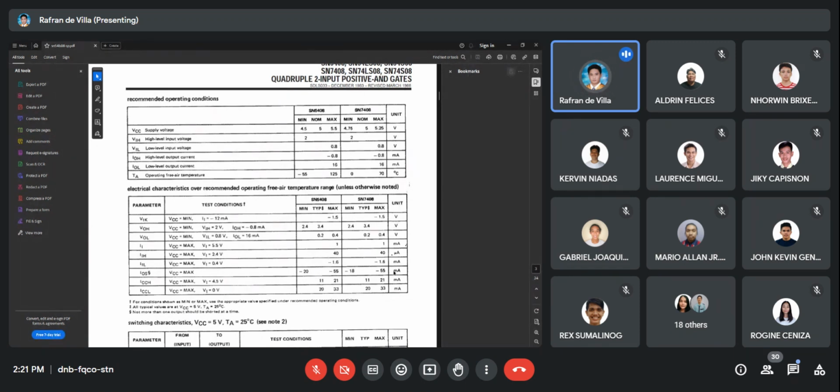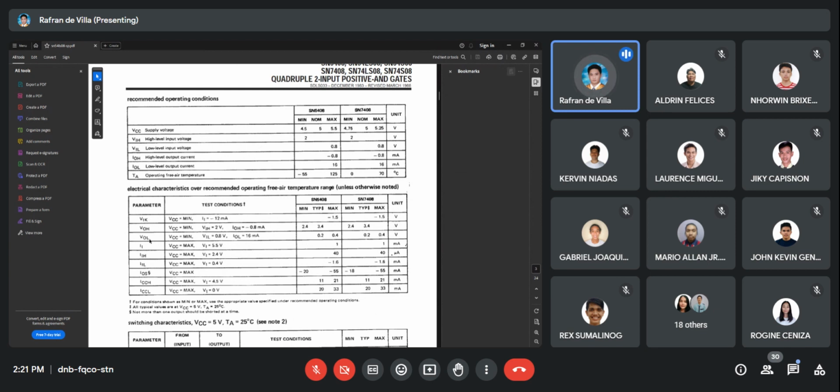Okay? Now, usually when we talk about voltage output high or voltage output low in a digital IC, what comes to mind is basically 5 volts or 0. But if you look here on the data sheet, there is what is called a typical range, which is around 3.4 for output high or 0.2 for output low.